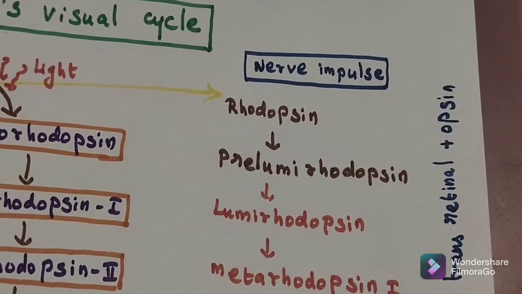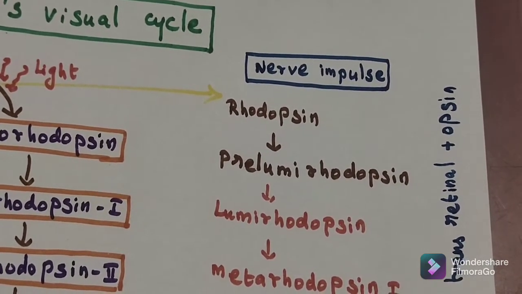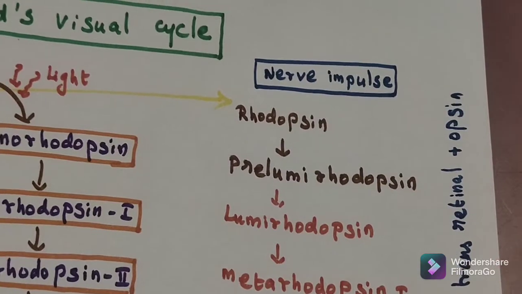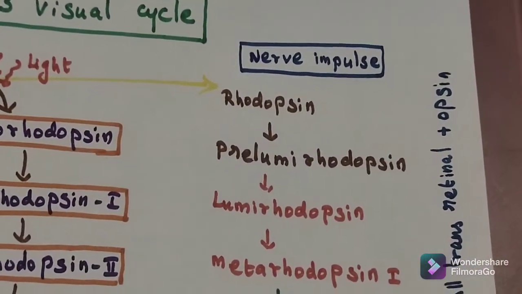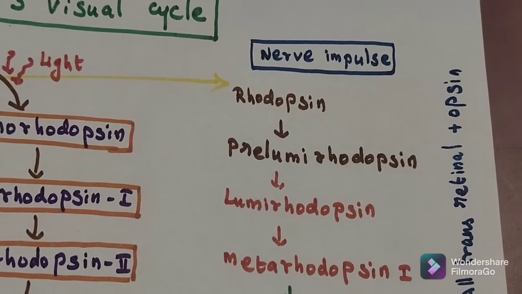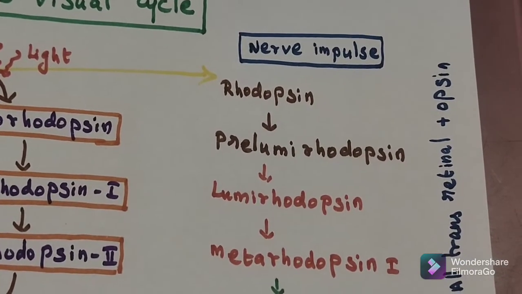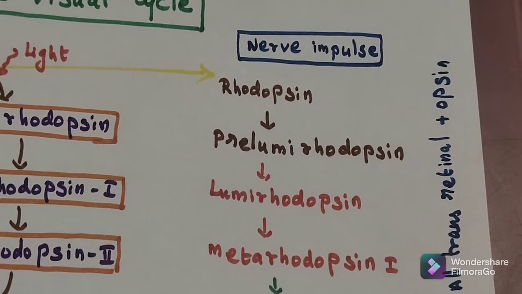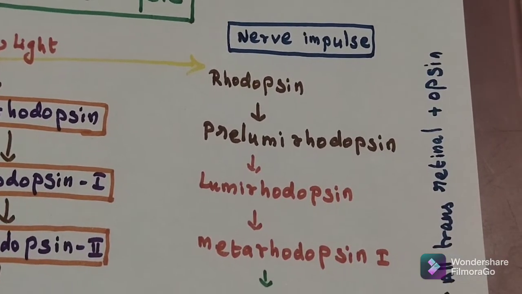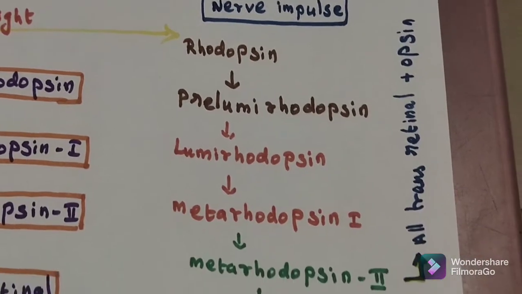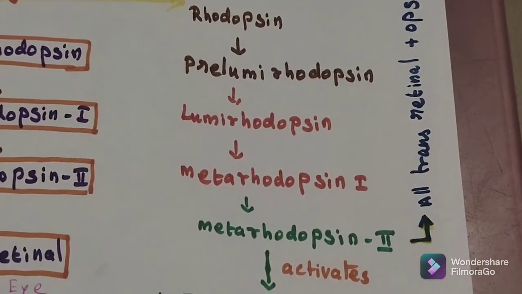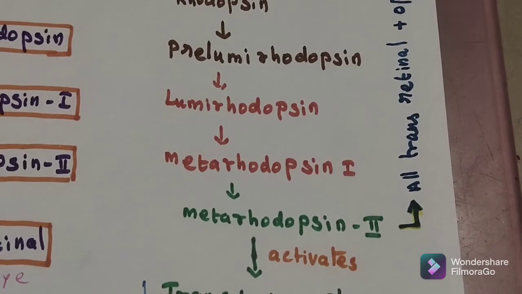The changes in opsin due to photobleaching: rhodopsin is converted into bathorhodopsin. Again it is converted into lumirhodopsin. The lumirhodopsin is converted into metarhodopsin 1, and metarhodopsin 1 is converted into metarhodopsin 2.